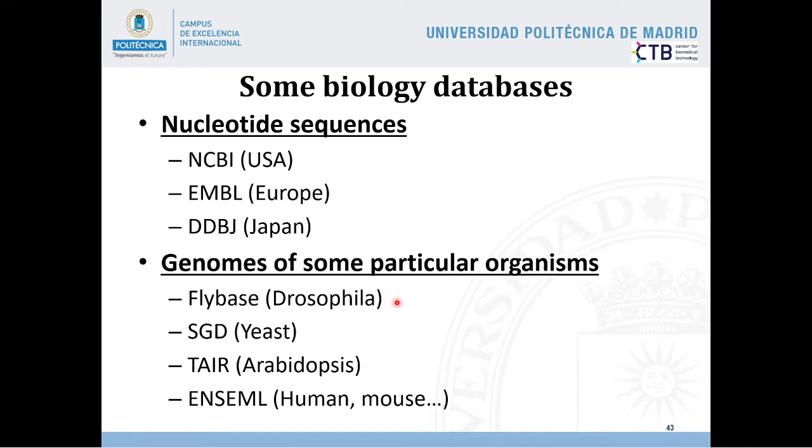Drosophila is a fly, a model organism where most studies are being performed. For example, in plants, we have Arabidopsis. Also, we have SGD for yeast, or Ensembl for human, mouse, and other animals.